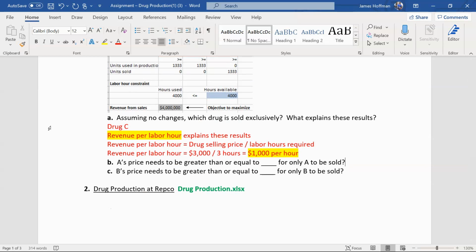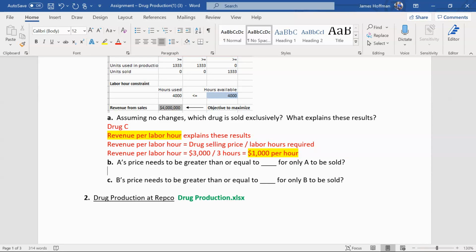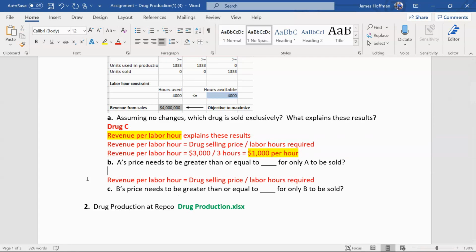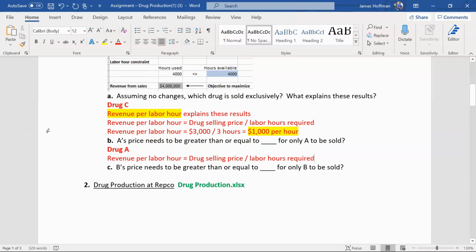Let's start with the general formula and then work back. The general formula is revenue per labor hour is the drug selling price divided by the labor hours required. So let's determine that for drug A.